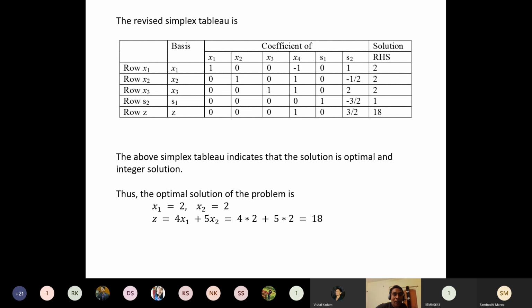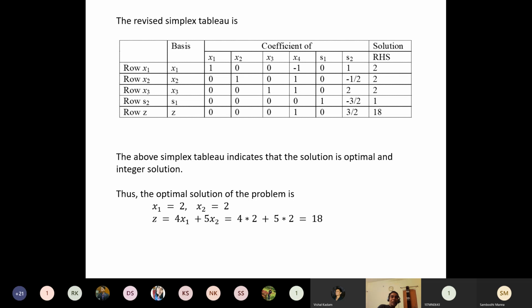And you can find here all are non-negative in nature, right hand side are non-negative in nature. So that means this is a feasible solution, as well as here no negative value in the Z row, we got it. That means this is also an optimal solution.